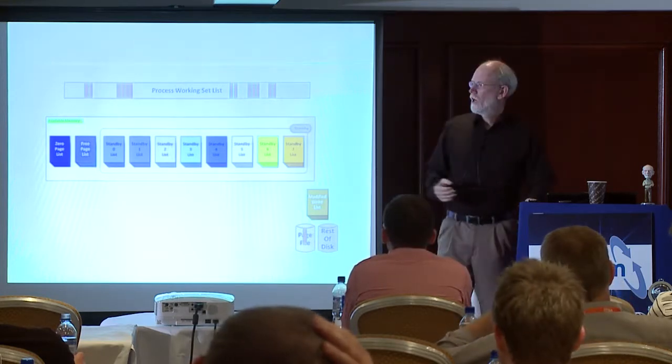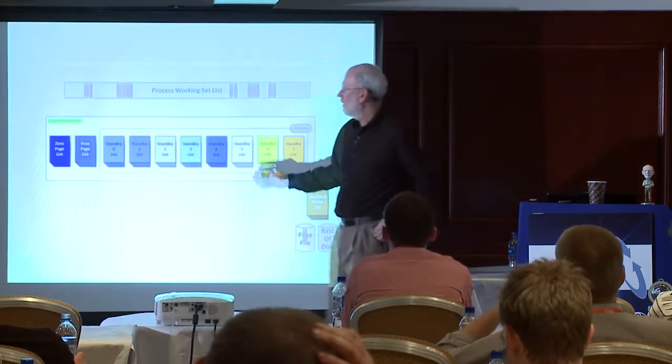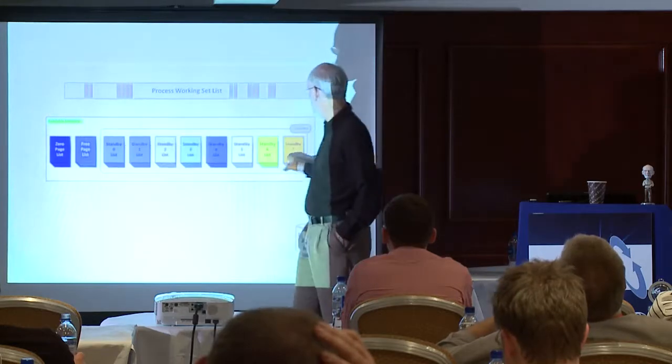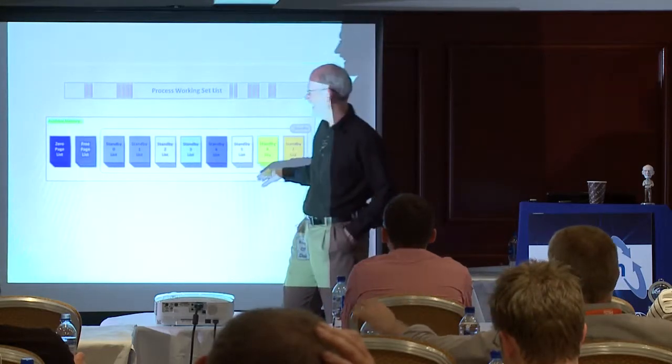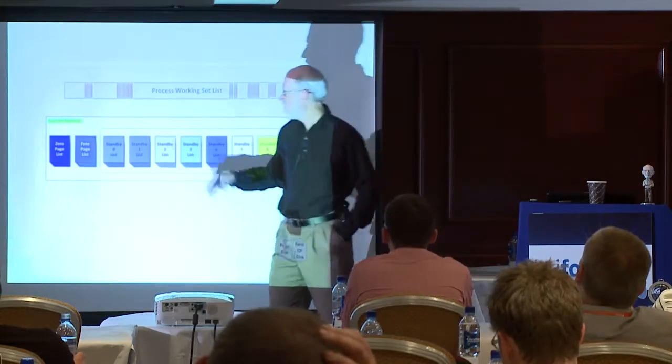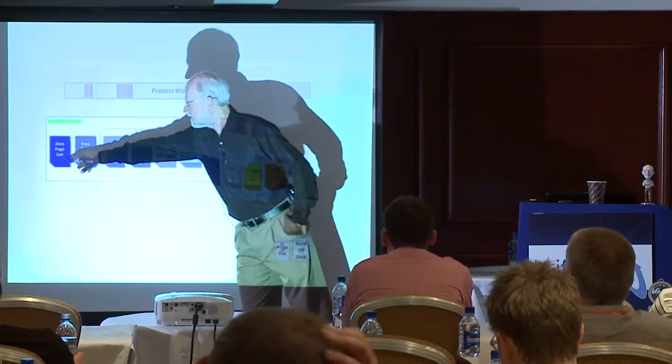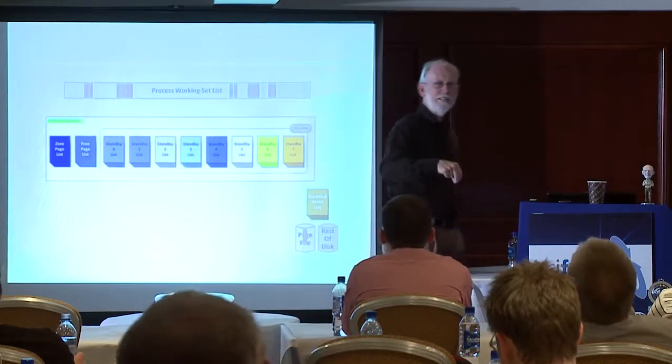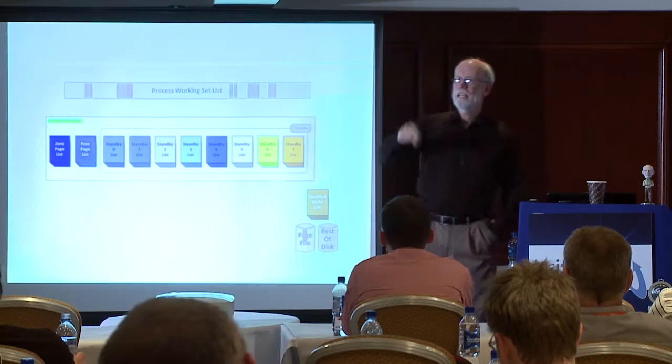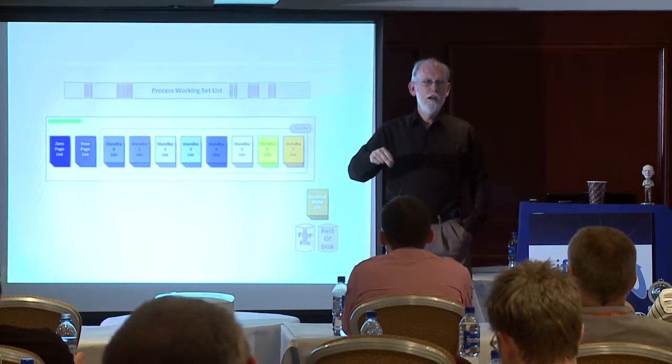But the idea is that we have these 8 standby lists. Yes, it's 0 through 7. There's 8 of them. We've got something called the free page list and the 0 page list. So the 0 page list is memory that's immediately available for a process.